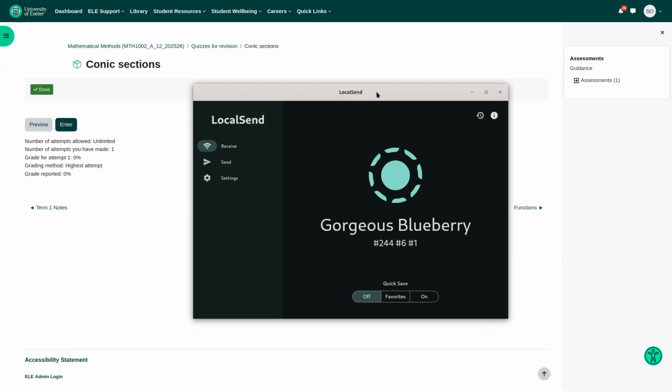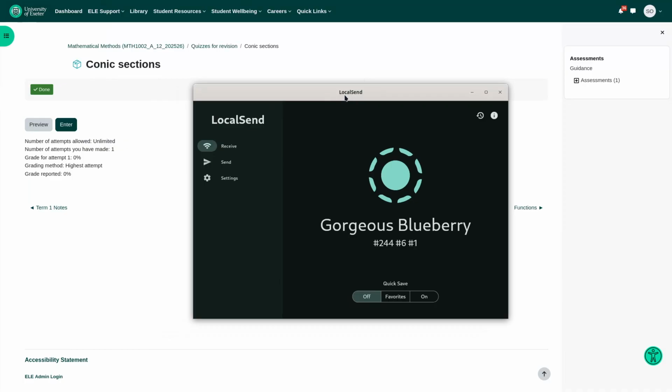If I go to LocalSend and send a specific zip file, some chunky zip file, where is it?